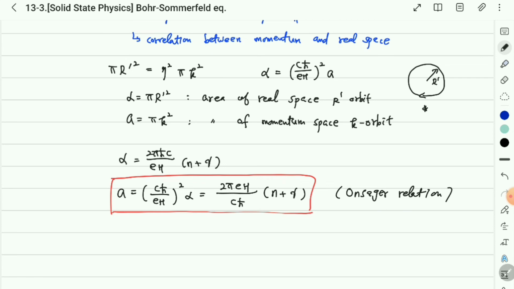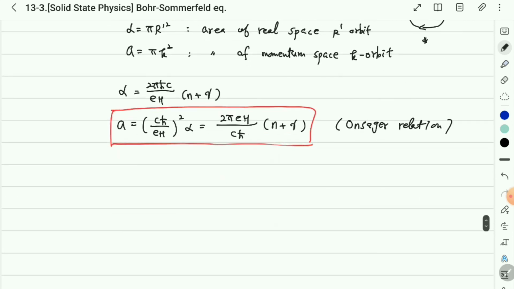And here, it means the area A is the momentum space closed orbit, and it depends on the energy of the particular constant energy surface, and for example, here gamma equals 1/2 for a parabolic band. Parabolic band means a free electron.